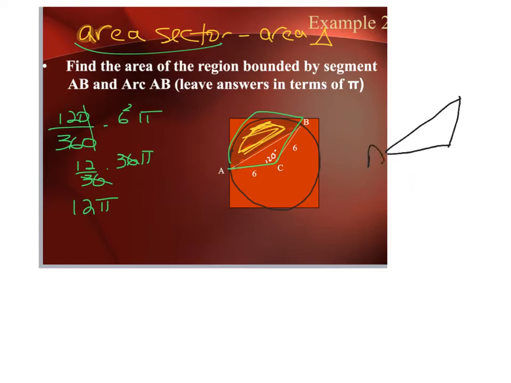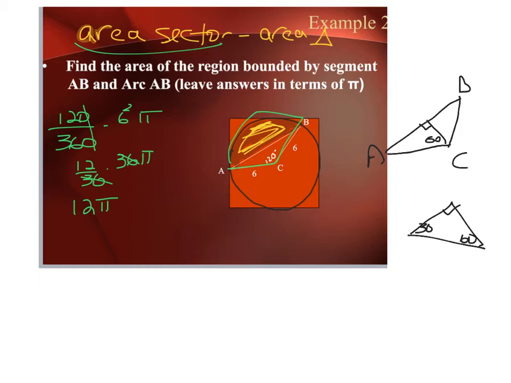So now this is my triangle, A, B, C. If I draw in the height here, and I knew that this height is going to bisect this 120-degree angle, and I've got 60 degrees here, I've now turned it into a special right triangle. So now I have a 60, a 30, and a 90.